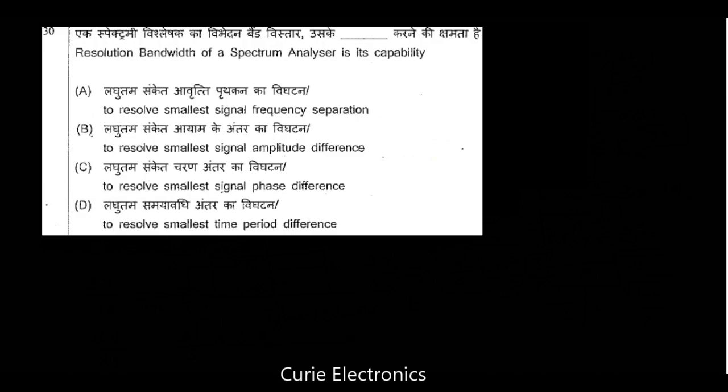Resolution bandwidth is its capability to resolve the smallest frequency separation. So to study the frequency and the power of that particular signal, we use the spectrum analyzer. So the answer is to resolve the smallest signal frequency separation.